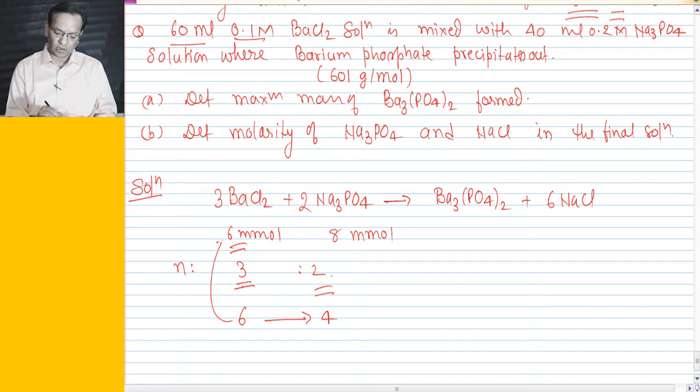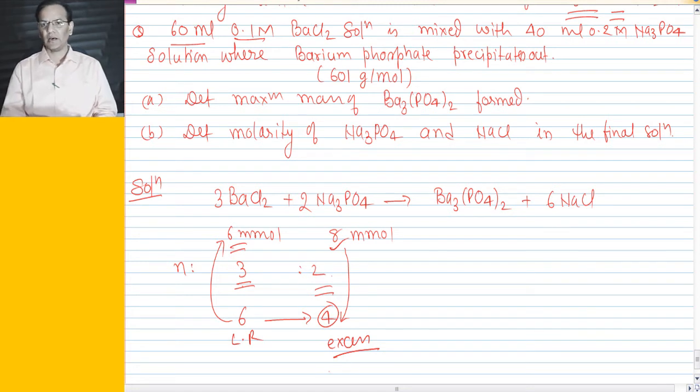So 6 millimole will react with 4 millimole of sodium phosphate. So this is the limiting reactant, and this, 8, is more than 4, so this is in excess.